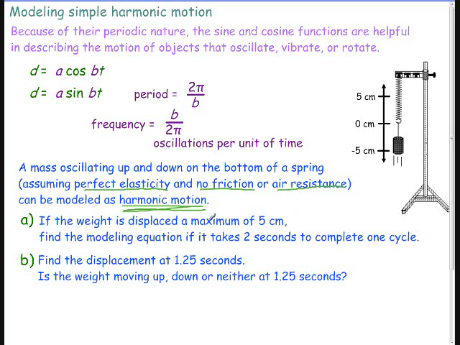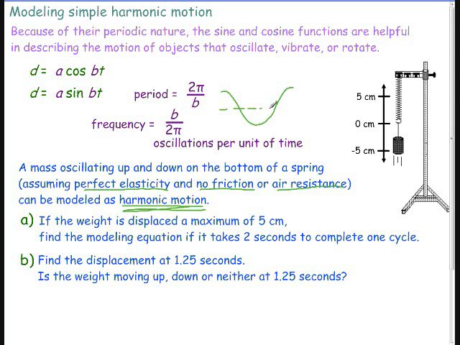If the weight is displaced at a maximum of 5 centimeters, find the modeling equation if it takes 2 seconds to complete one cycle. So what will one cycle look like? It'll look like going from 5 centimeters down to -5 and back up to 5 again, right?